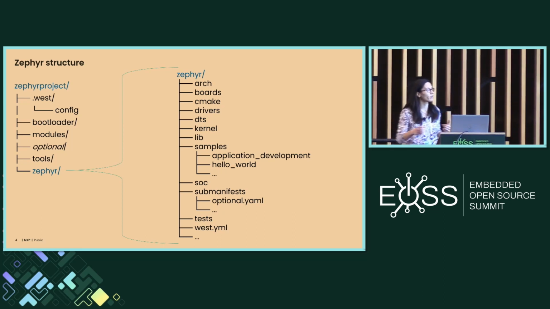In kernel, we have architecture-independent kernel code. In lib, we have library code like the minimal standard C library. There are a lot of samples in Zephyr to demonstrate its features. In soc, we have system-on-chip files. In submanifests, we added the optional modules, and tests, a lot of tests. And in addition to all these folders, we have configuration and build files like Kconfig, CMakeLists, and the main manifest, that's the west.yml.